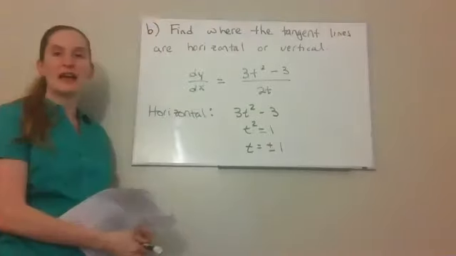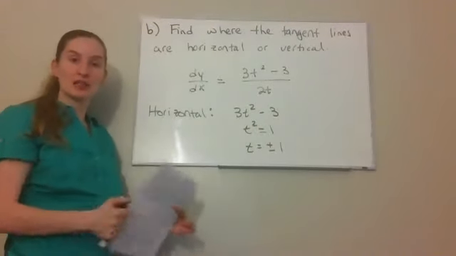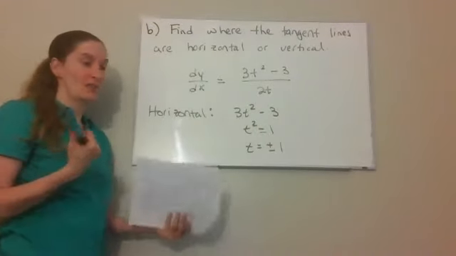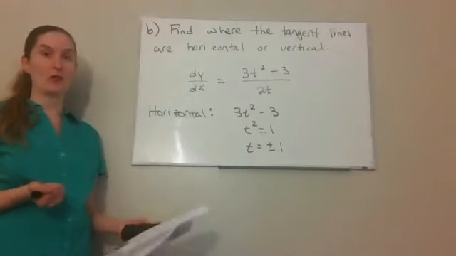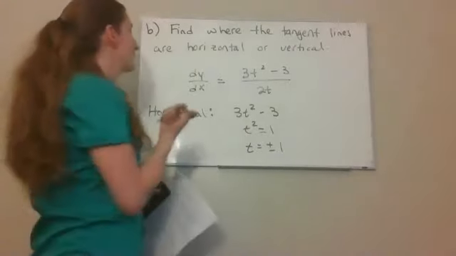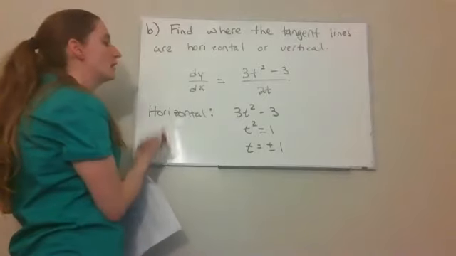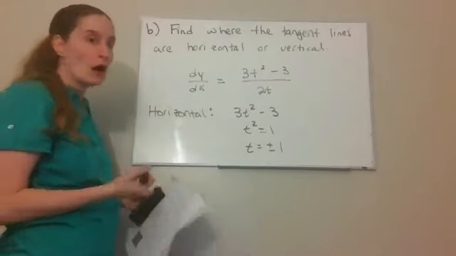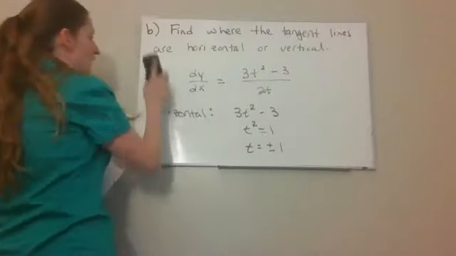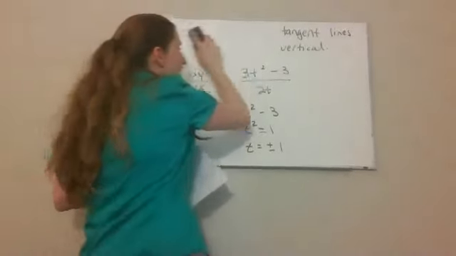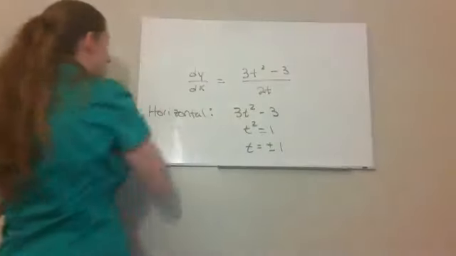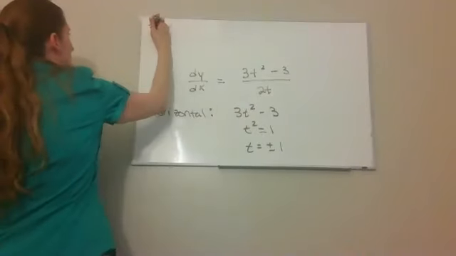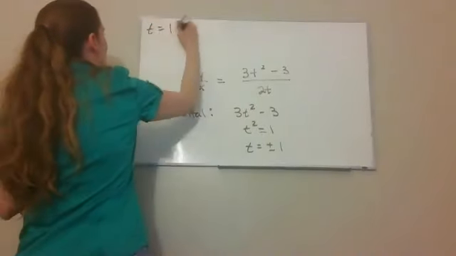So I have two values for my parameter where my tangent lines are going to be horizontal, but this does not tell me the points where it's horizontal yet. To find the points where the tangent line is horizontal, I have to plug my parameter into my equations for x and y. So I have horizontal tangent lines when t equals 1.